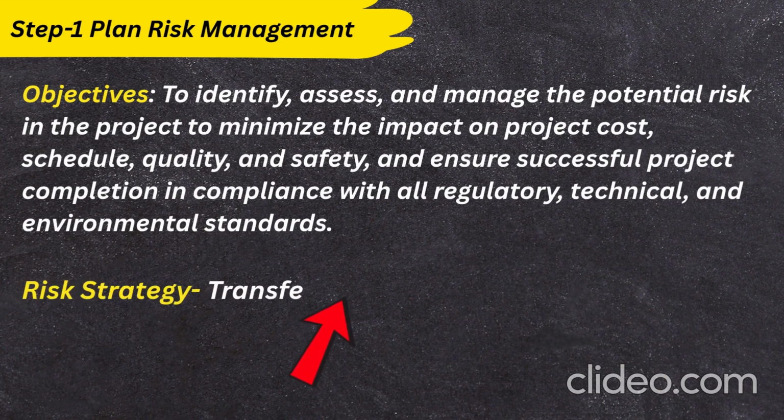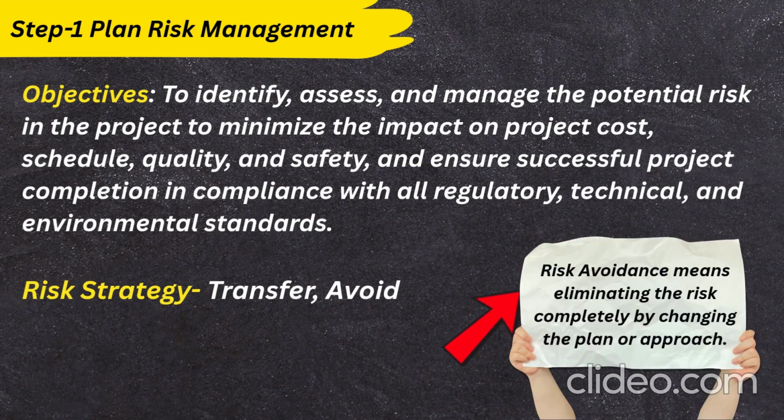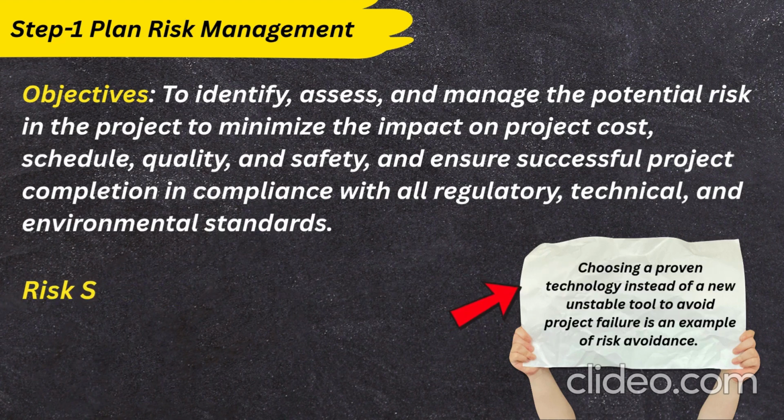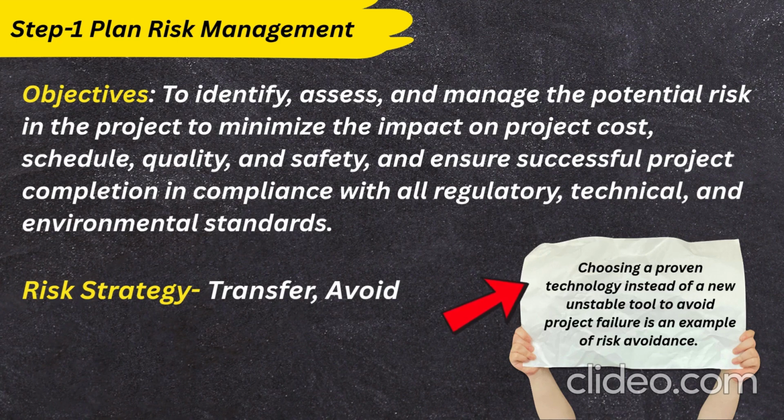The next risk strategy which we will be using in this project is avoid. Risk avoidance means eliminating the risk completely by changing the plan or approach. For example, choosing a proven technology instead of a new unstable tool to avoid project failure is an example of risk avoidance.